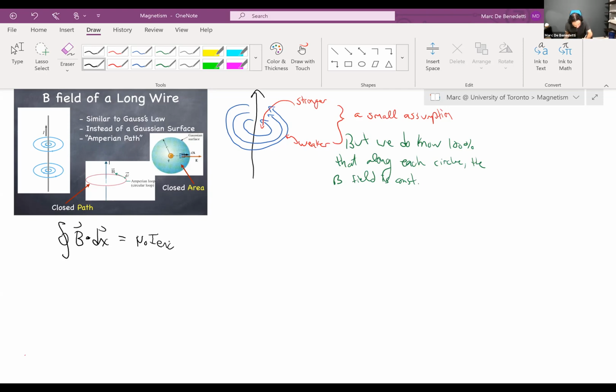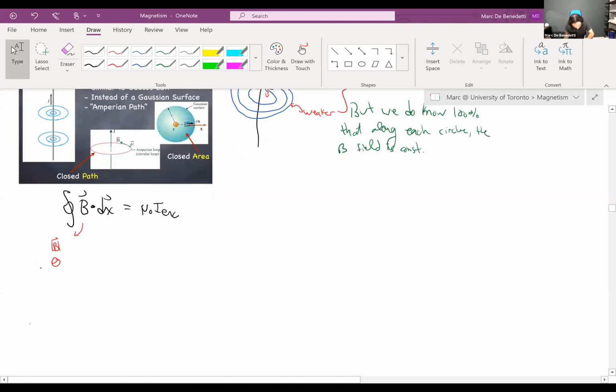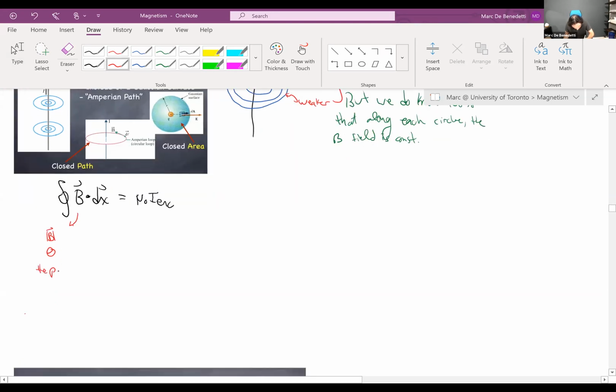So really what this is saying is there's sort of three aspects here. There's the strength of the magnetic field. There's the angle in the dot product, cos theta, right? And then there's sort of the path itself.